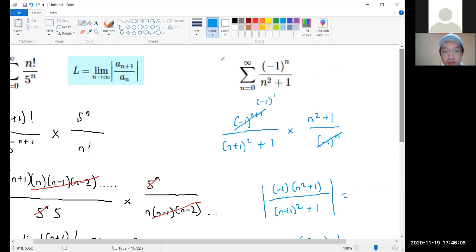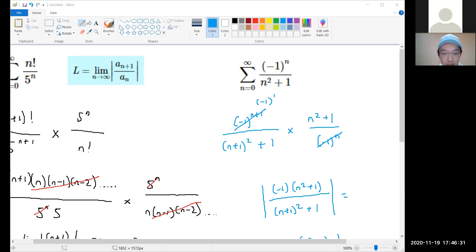Looking at this series here, do you have a suggestion as to what other test we should use here? Yeah, alternating series, right? Because there's a negative 1 to the n. So this is definitely an alternating series. Yeah, let's try that.